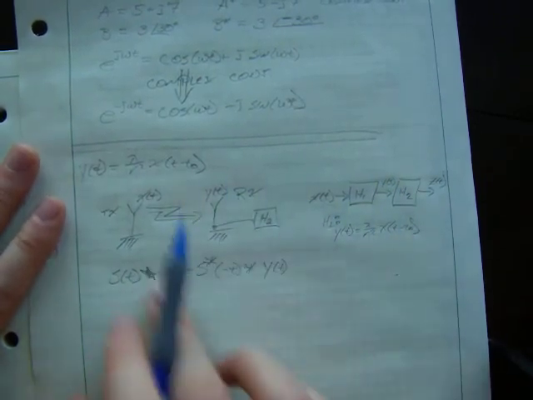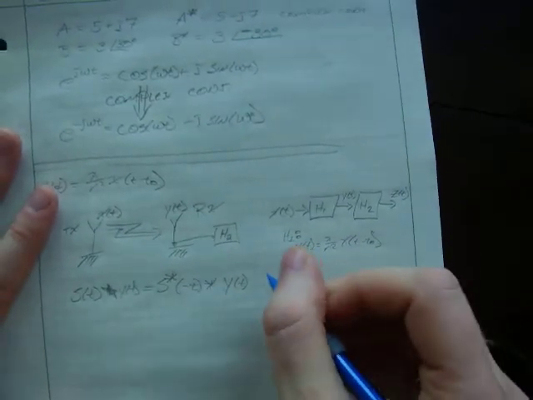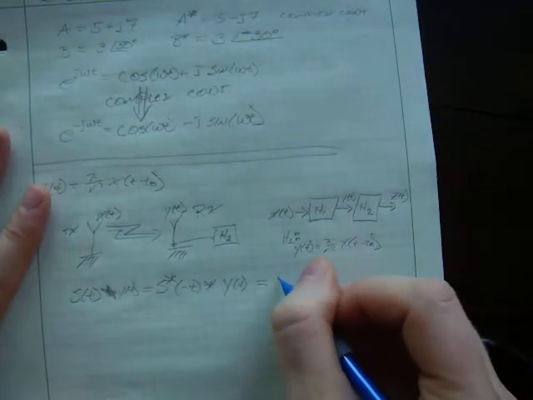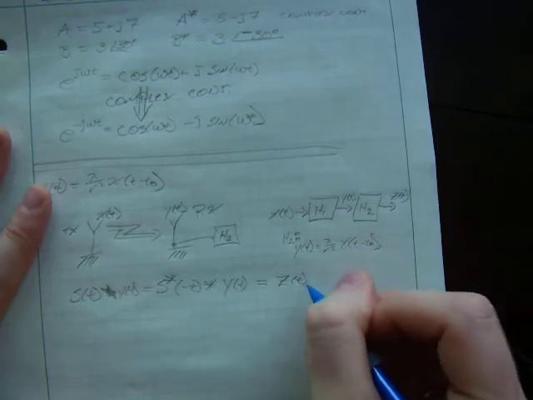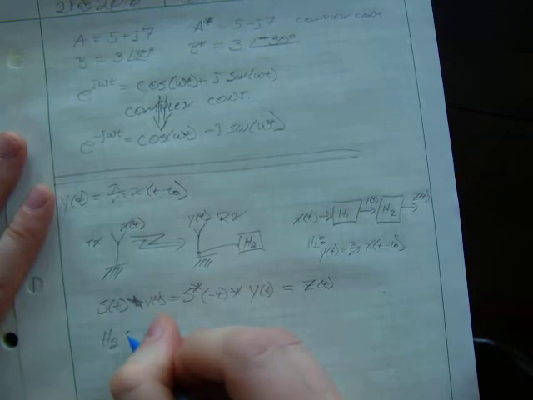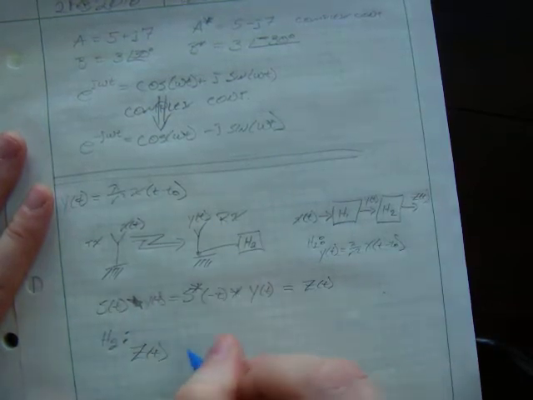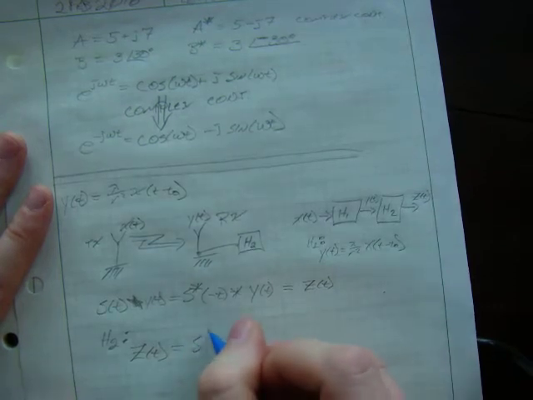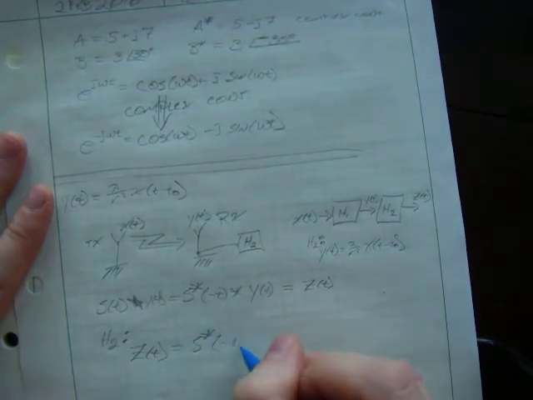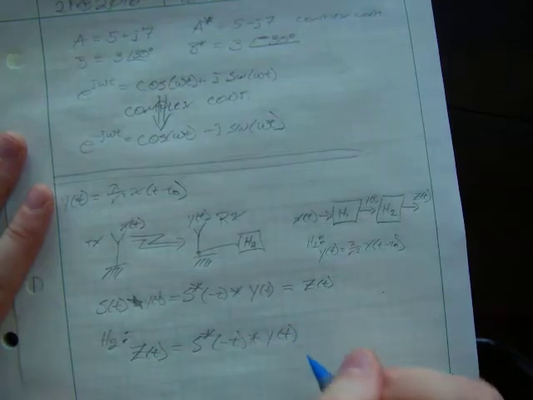This gives us Z of t. So H2 is described by Z of t equals s complex conjugate of negative t convolved with y of t.